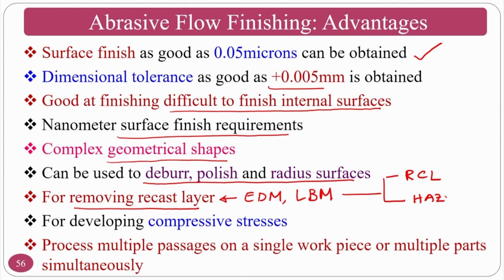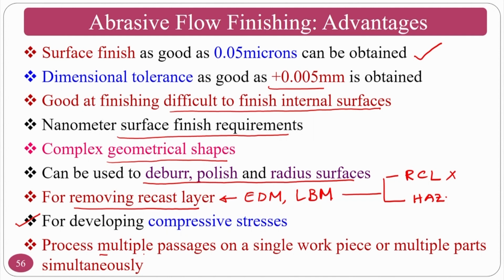These are to be finished. At least the recast layer should be removed, otherwise it will be a problem. For developing compressive stresses: because of the reciprocation of the medium in the constriction region of the workpiece, compressive residual stresses may be incorporated inside the workpiece material.